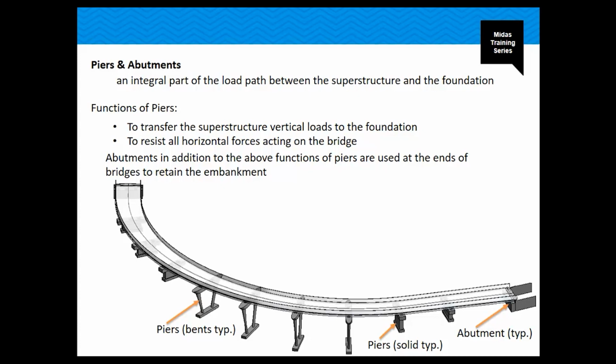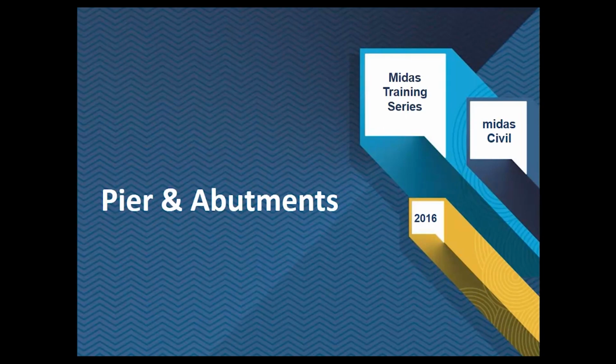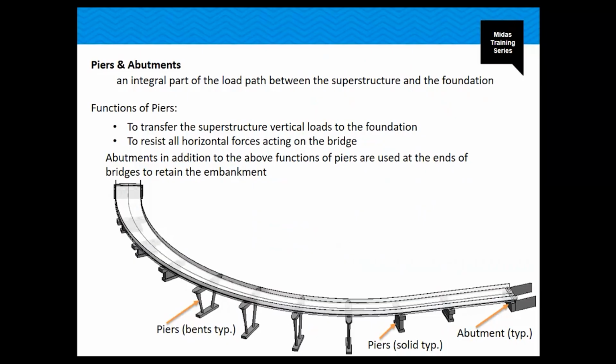The abutments, in addition to the functions of the piers, are used at the ends of the bridges, and they retain the embankment, and at the end of the bridge they work as an entire system.